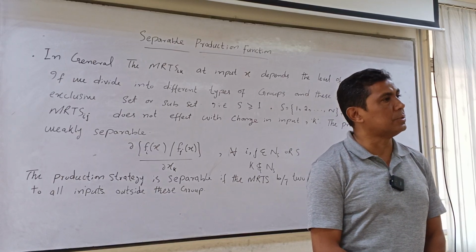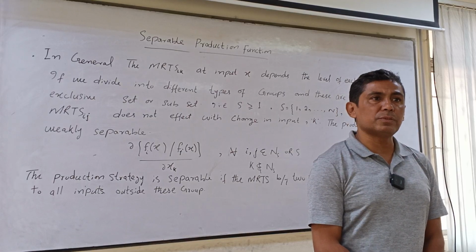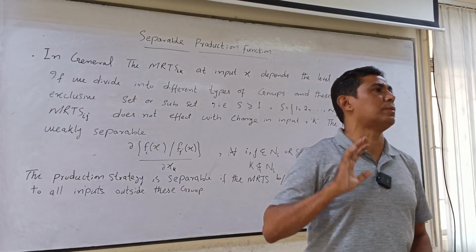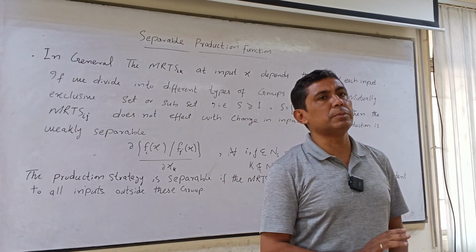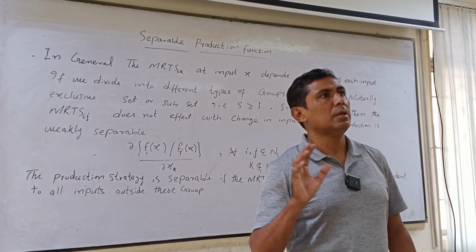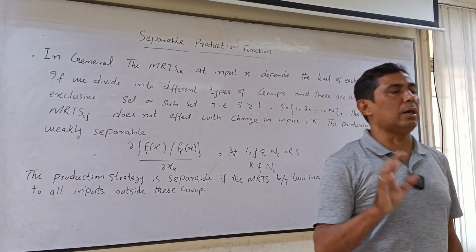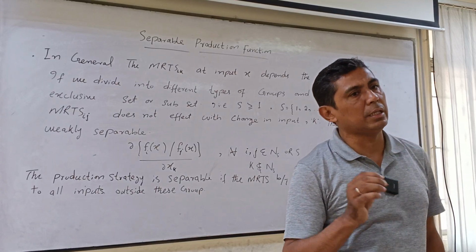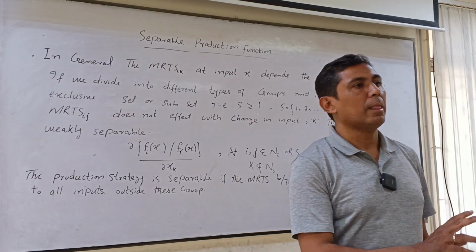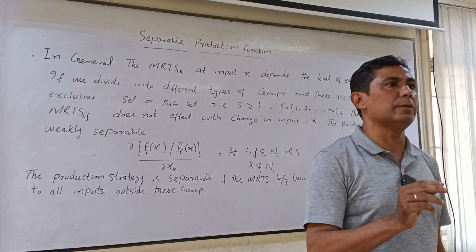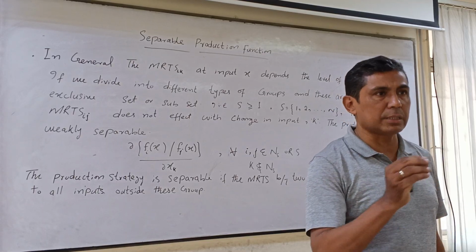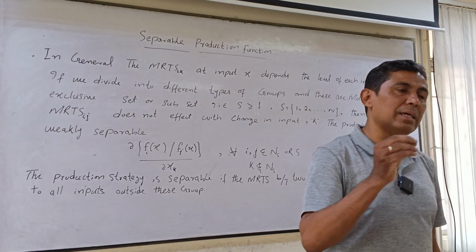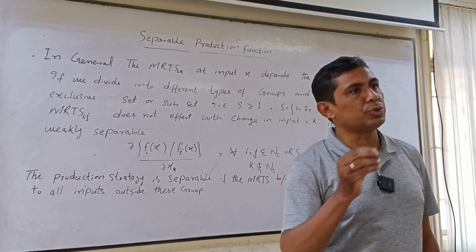As far as elasticity of substitution is concerned, it means we are discussing the nature of the curvature of the isoquant. What does it mean by the nature of the curvature of the isoquant? I pointed out that normally we assume there is a constant elasticity of substitution production function. Constant elasticity of substitution functions were discussed in consumer theory, that is called the CES, constant elasticity of substitution function.